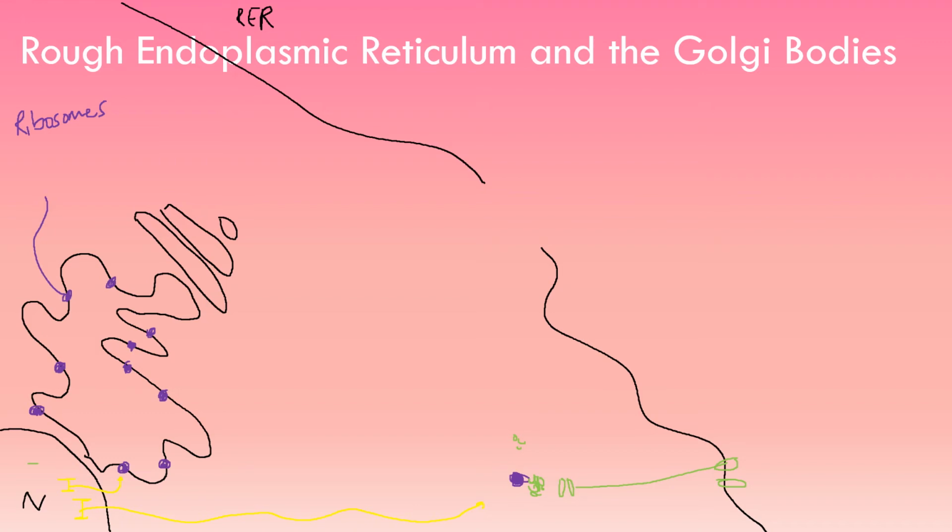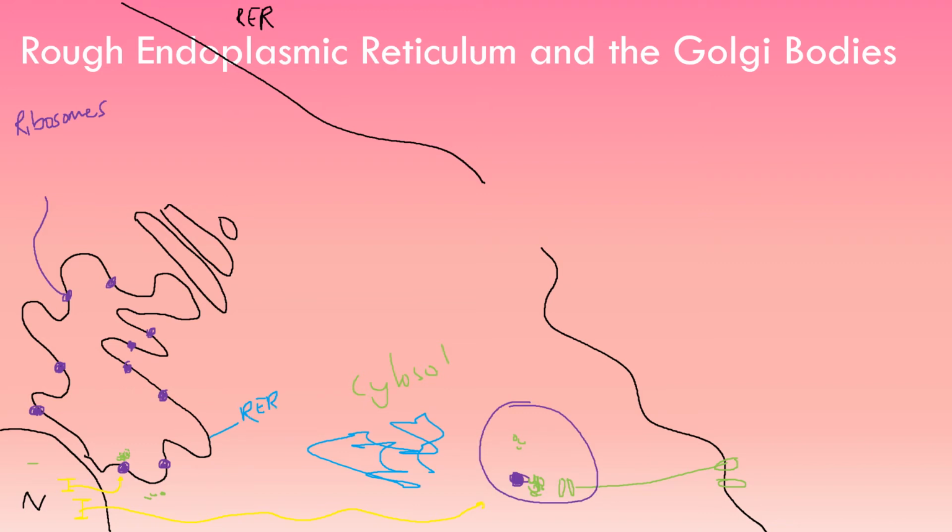So it's not going to go anywhere, but it does the same job as this thing over here. It pieces together the amino acids or the building blocks of protein in the right order and puts them together on the inside of this membranous sac. So it's not in the cytosol. This protein has not been made in the fluid in the cytosol of the cell. It's been made inside that rough endoplasmic reticulum, inside this membranous sac.